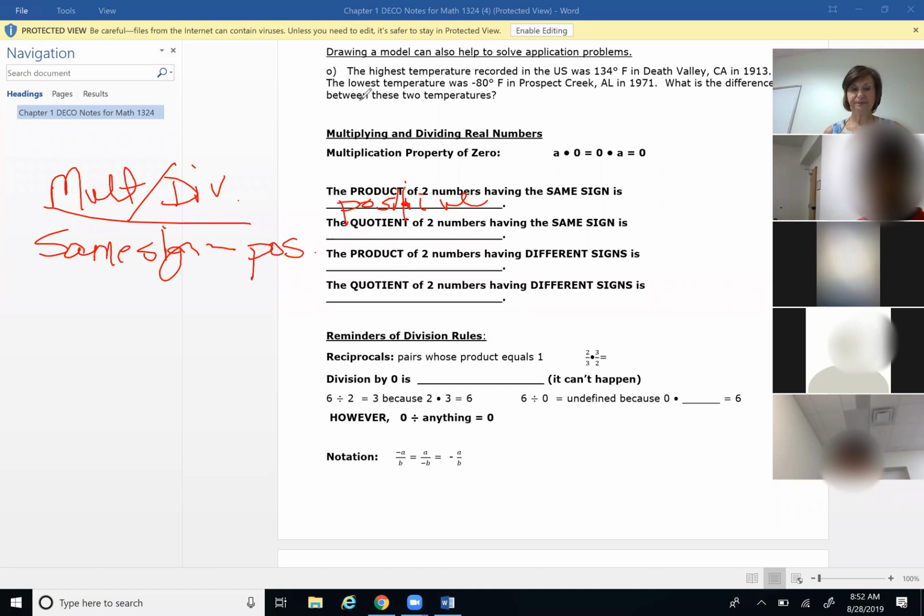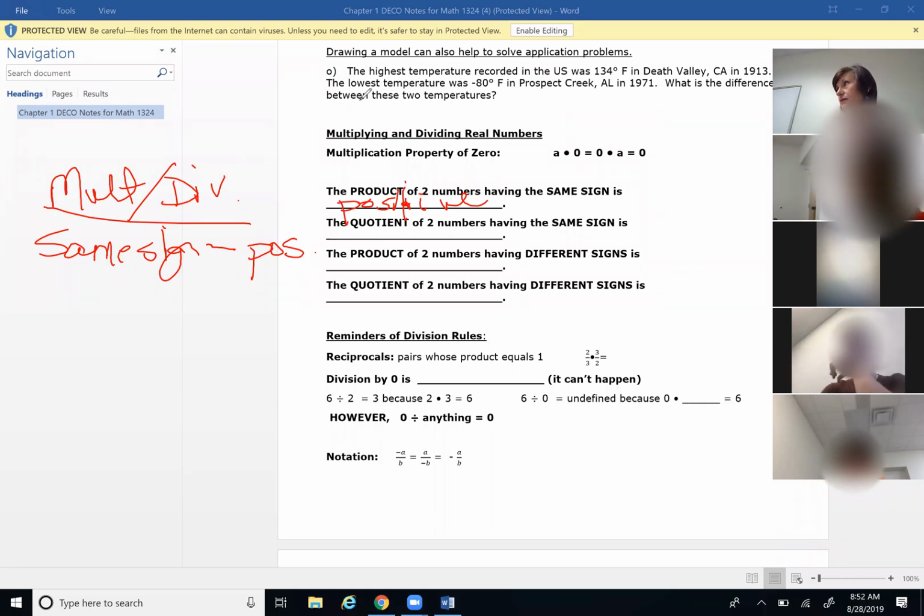If we are dividing, what's a negative divided by a negative? It's still a positive. So it doesn't matter if I multiply or I divide. If the signs are the same, then I am going to get a positive.